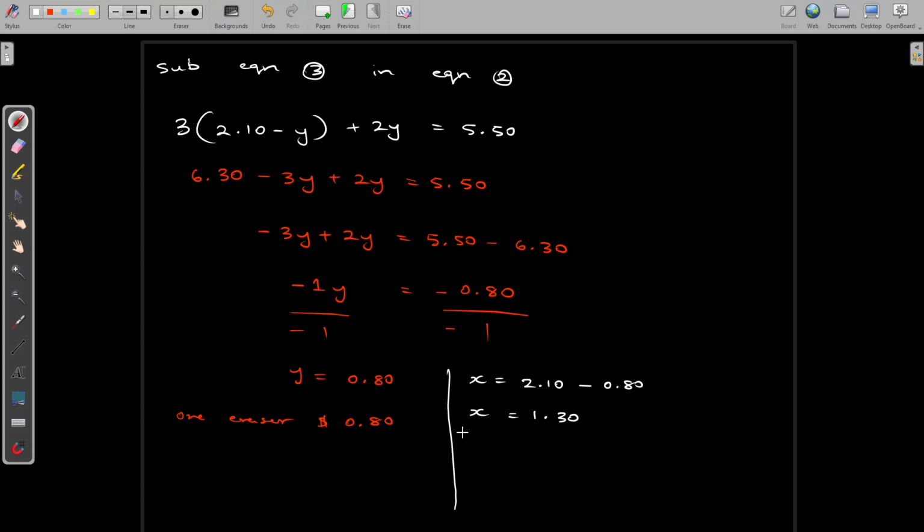So now we can put our therefore statements. So therefore, one pencil costs $1.30, and one eraser costs $0.80. And that's how we would approach this question.